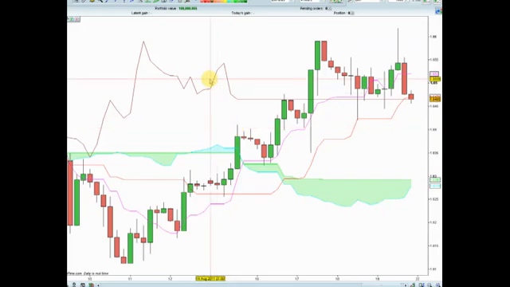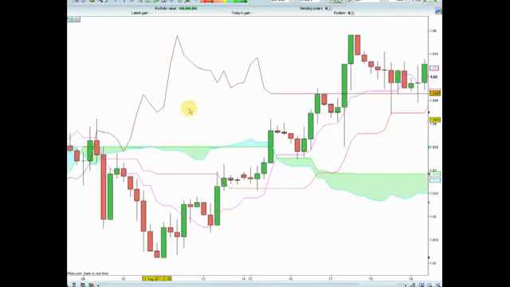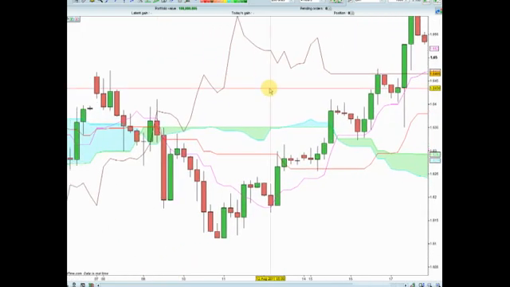And this span, which lags the market by 26 hours, has to be above the price action 26 hours previously. So let's take this example and count back: 1, 2, 3, 4, 5, 6, 7, 8, 9, 10, 11, 12, 13, 14, 15, 16, 17, 18, 19, 20.